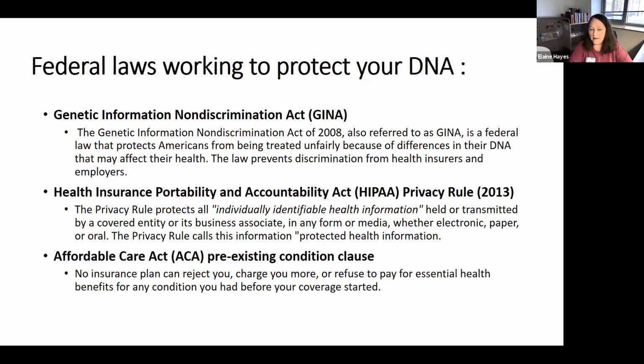And the ACA, or Obamacare, pre-existing condition clause. So if something has been identified in your DNA, they can't call that a pre-existing condition and not cover you for it. So there are some ways of protecting your private DNA information.